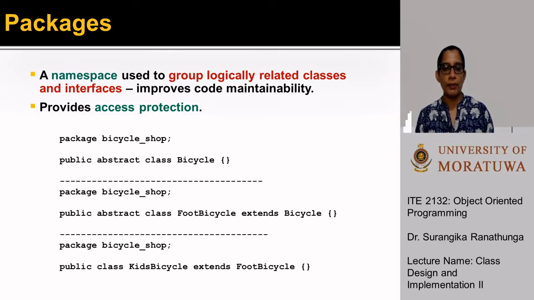So here's an example. We are implementing a solution for a bicycle shop. So we need a bicycle class, a football cycle class and a kids cycle class, but all of these belong to the same solution. So we can pack them into a package called bicycle shop.